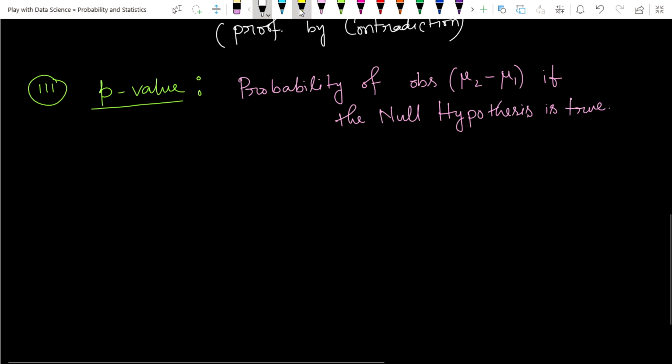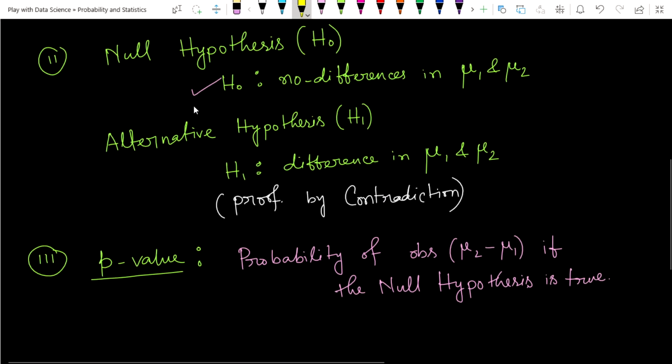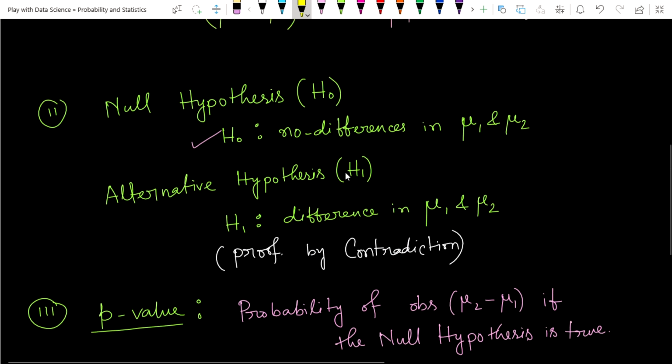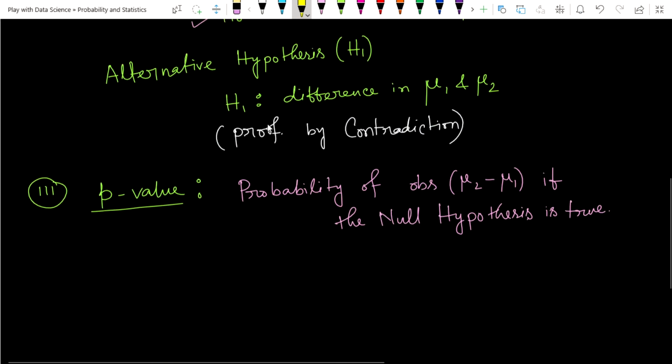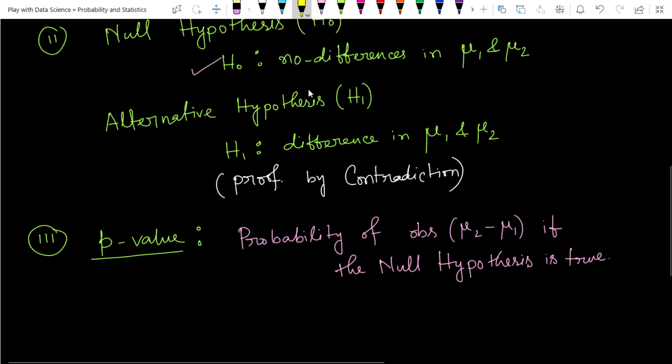The first thing we have to do is assume something. Generally we assume our null hypothesis, that there are no differences, and on the basis of that assumption we calculate the probability value of our test statistic. If this probability value is high, we consider our null hypothesis, that there is no difference, to hold.